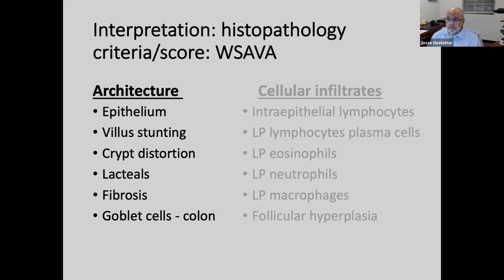And I look at them first. Sometimes our eyes are immediately drawn to the cellular infiltrate, but bearing in mind that that may be a normal resident cellular population and not inflammation, I try to draw myself away and look instead at these architectural changes. I look at the epithelium, I look at the villi, the crypts, and so on. So I want to spend just a minute going through some of these changes individually, because I think they're very, very important.